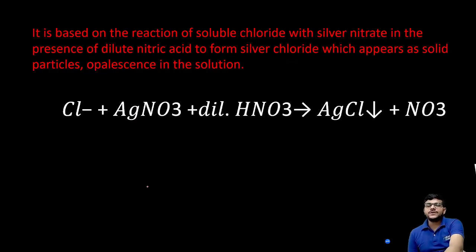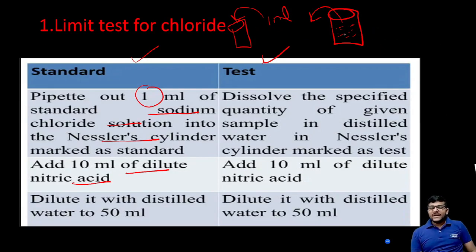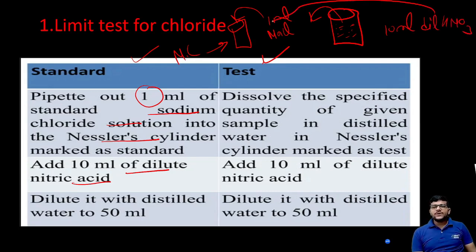What we exactly do here is, we made this standard solution by following the Indian Pharmacopoeia procedure, and from that we took 1 ml of NaCl and put it into the Nessler cylinder. This is our Nessler cylinder. Got it? And then we put 10 ml of dilute HNO3 into this Nessler cylinder, and then we make up the volume to 50 ml.